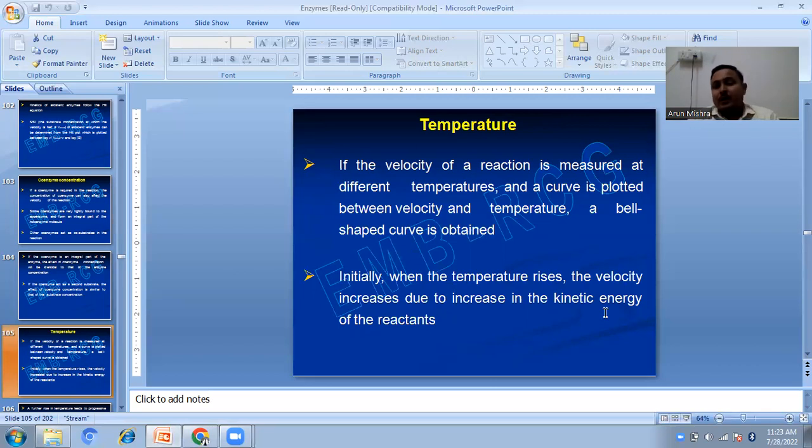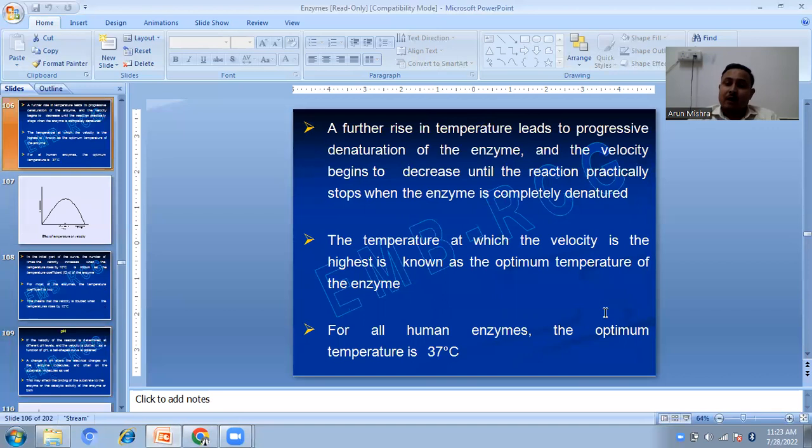Initially, when the temperature rises, the velocity increases due to increase in kinetic energy of the reactants. A further rise in temperature leads to progressive denaturation of the protein in the enzyme, and the velocity begins to decrease until the reaction practically stops when the enzyme is completely denatured.